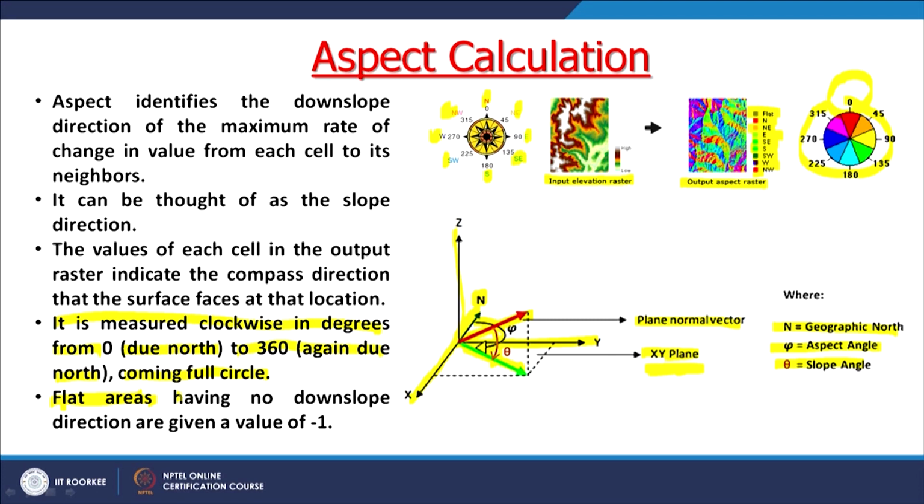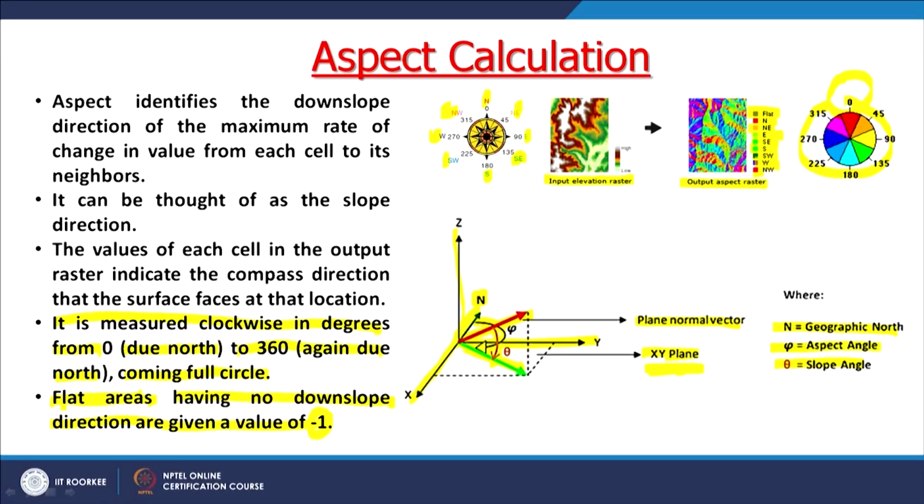The flat areas having no down slope in the surrounding directions are given value -1 to identify them very clearly, because all these values would be varying between 0 to 360 degrees, but here they may not for the flat terrain, and particularly in the software it is assigned -1 value.